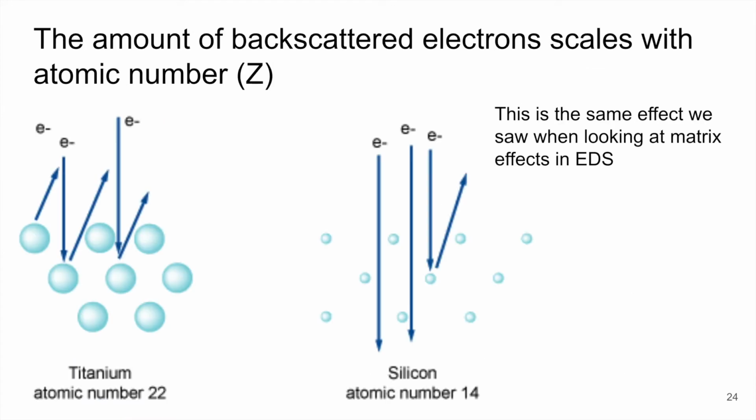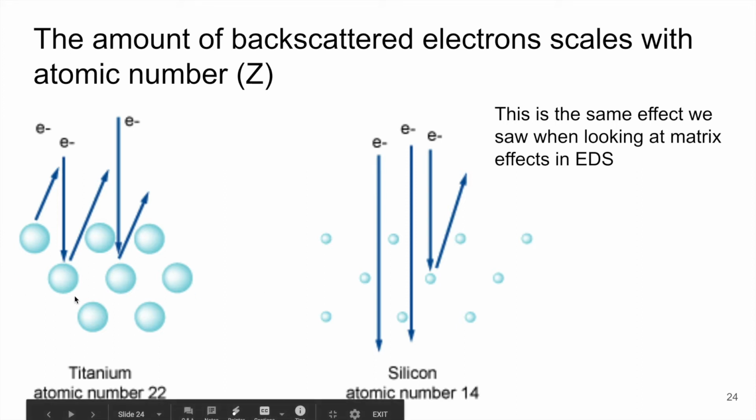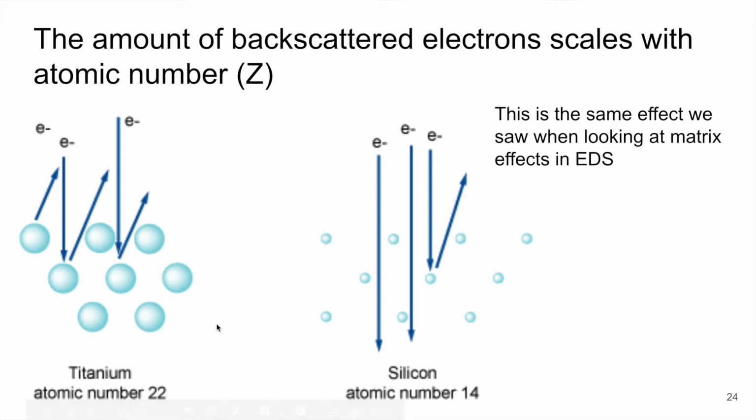All right, so just to rehash what the backscattered electrons give to us. Again, I mentioned that they scale with atomic number. So we have two atoms here, titanium and silicon. Relatively speaking, titanium is more dense and has a higher atomic number than silicon.